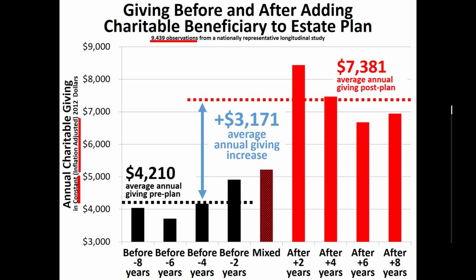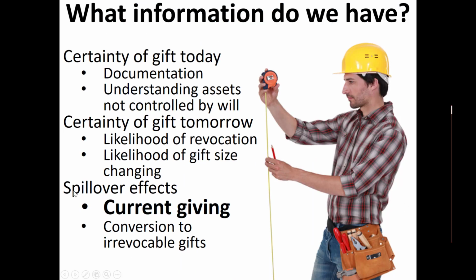So again, when we're looking at the value of these revocable charitable estate gifts, we've got a value because of spillover effects on current giving and the potential for converting to irrevocable gifts. Again, this idea is that once you know you're in the will, then why not talk to those donors about irrevocable gifts, right?